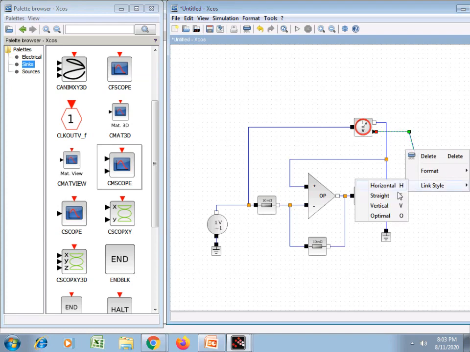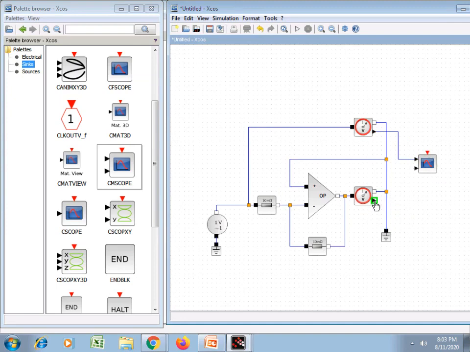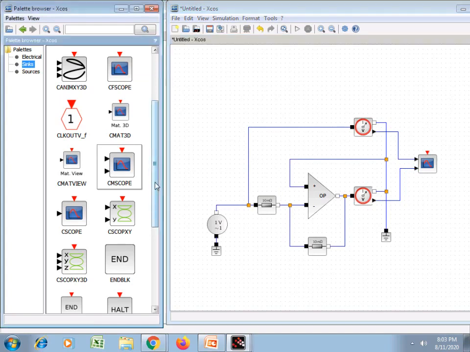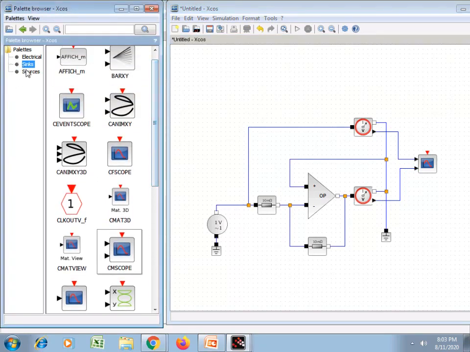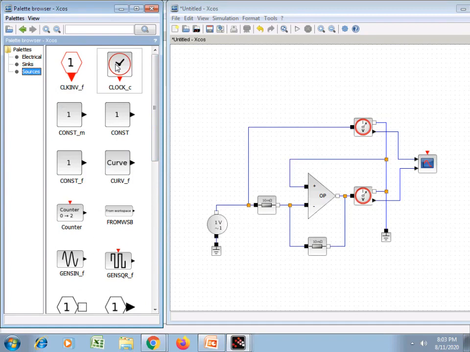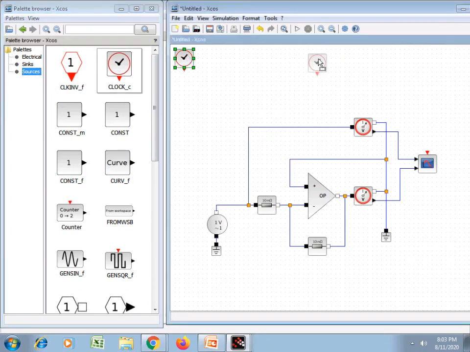This can be optimized also in this way. Now the output voltage to the scope, event input for the scope, the clock.